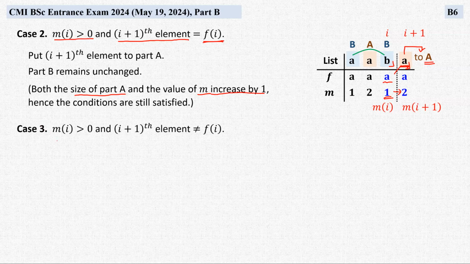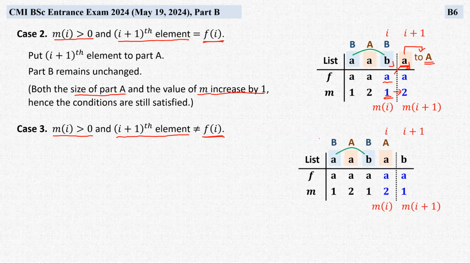Let's take a look at the third case, which is when m of i is positive, but the i plus 1th element of the list is different from f of i. A good example of this is to take the example of 4 elements from case 2 and try to introduce the 5th element, but this 5th element is b, which is not the element stored in function f.